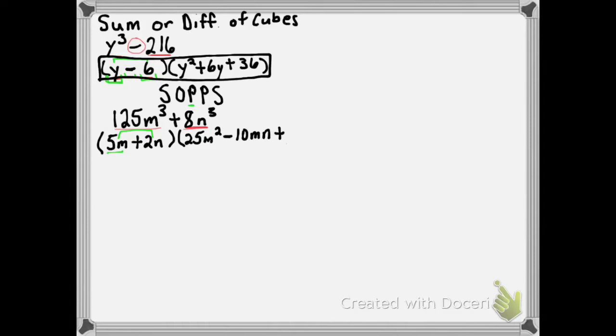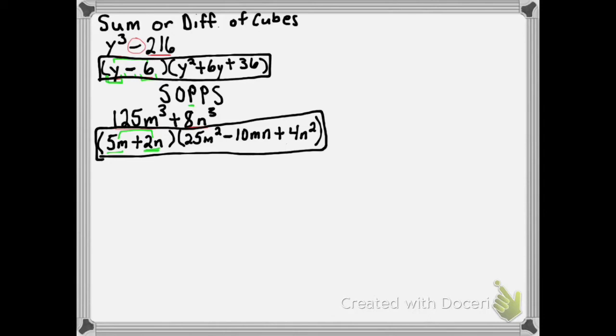And our last term in our trinomial is this term squared. So 2n times 2n is 4n squared. And again, there's nothing else we can do with that. That is our final answer. And so we have our factored form, this binomial times trinomial.